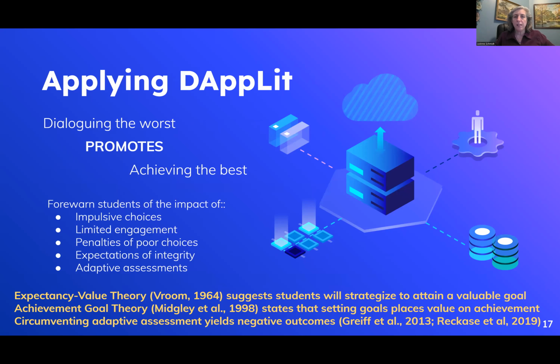Given the adaptive assessment uses those early decisions which help to select the follow-up questions, students who make poor choices can change the whole test.